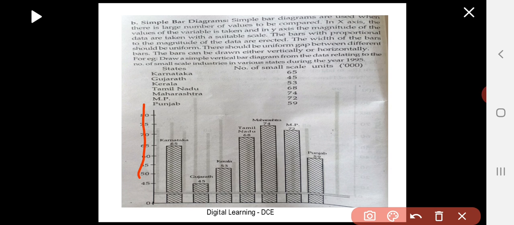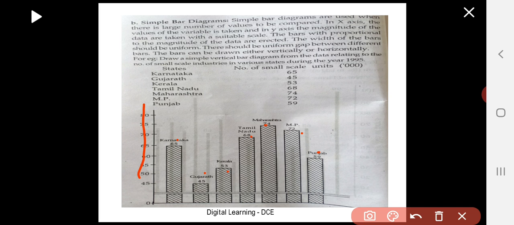So 65,000 is the Karnataka small scale units, in Gujarat 45,000, in Kerala 53, Tamil Nadu 68,000, Maharashtra 74, MP 72, and Punjab 59,000.